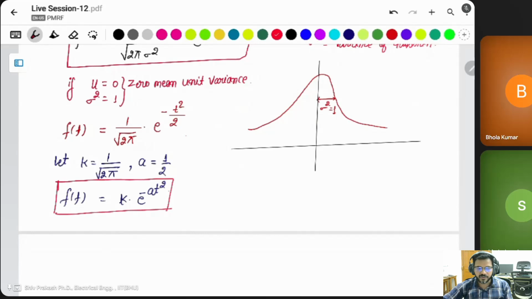This is the general reduction of the Gaussian function. Then you have to find the Fourier transform of this function.